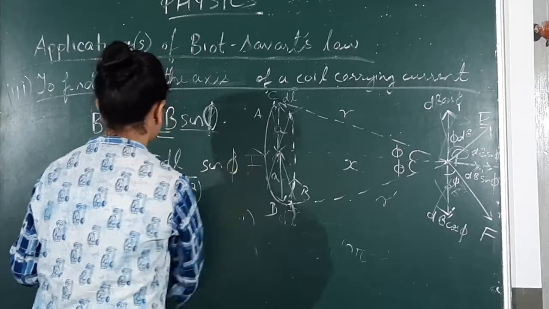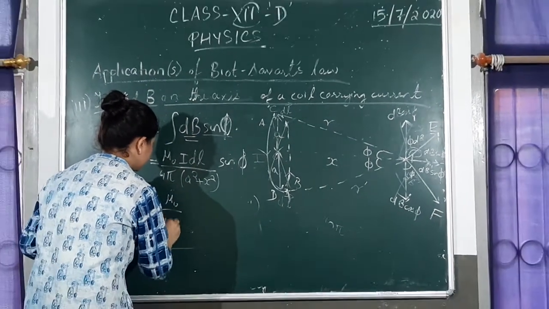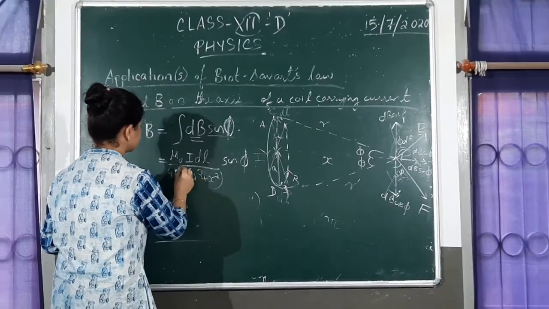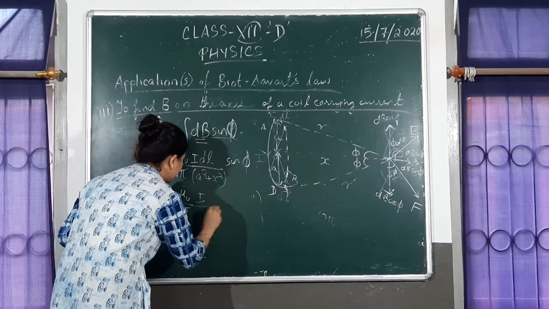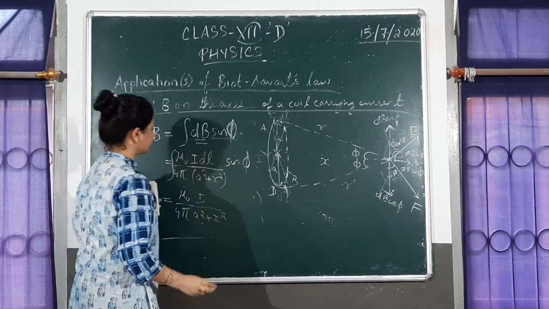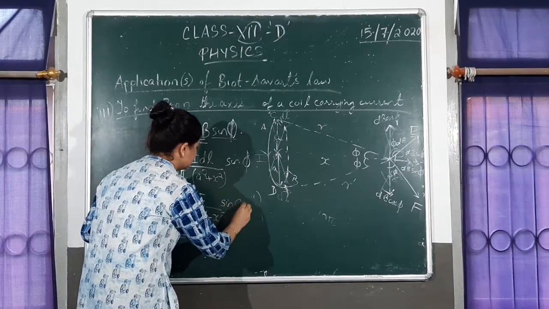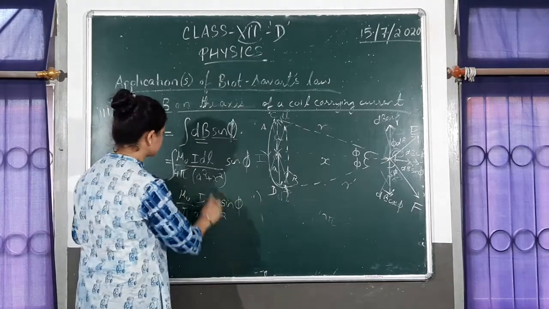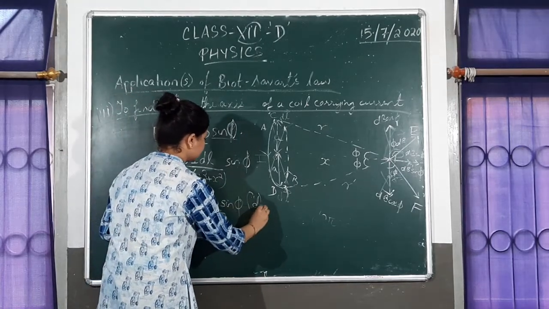For now I will write it as it is, equal to mu naught by 4 pi, of course, integration of this one. Mu naught by 4 pi I by a square plus x square will come out of the integration. Even phi is a constant, so sin phi can be taken out. Only thing that has to be integrated is dl.